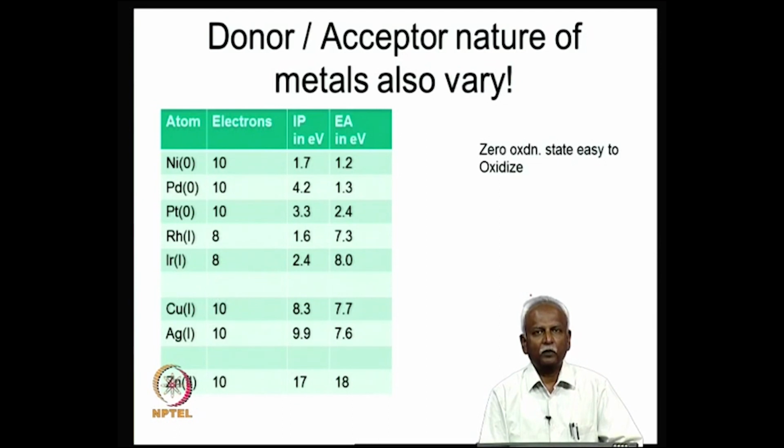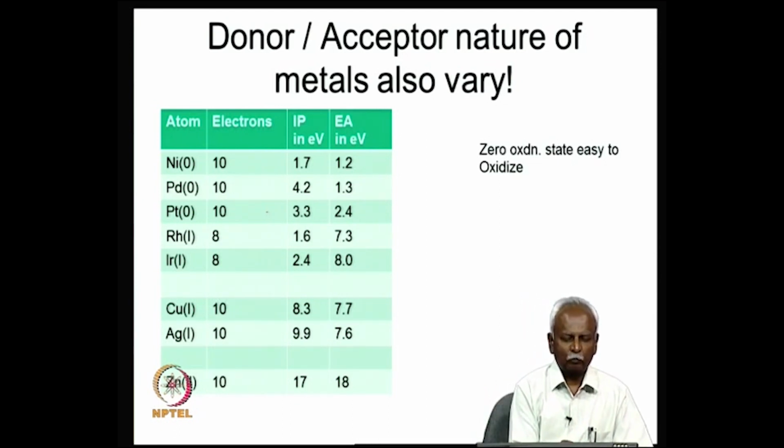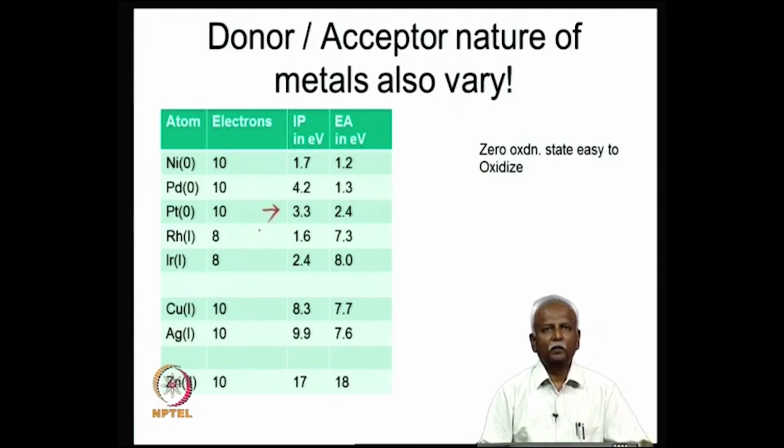Platinum 0 is also a d10 system, but it requires almost 2 times the amount of energy to remove the electron density from platinum.